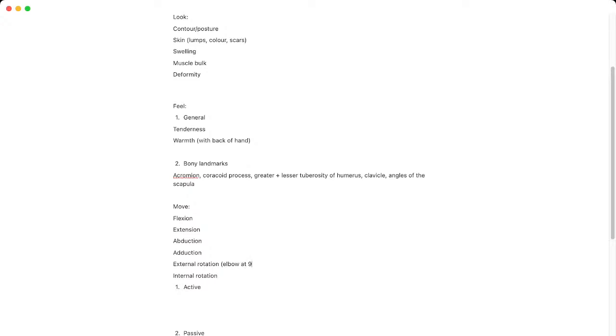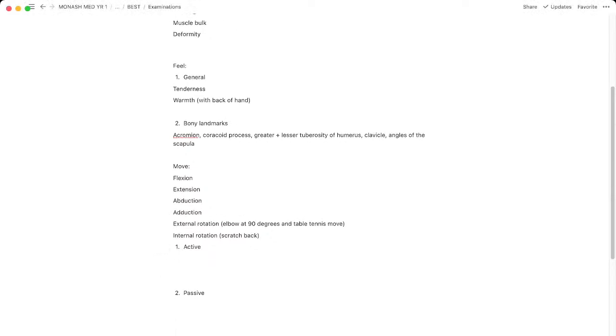Elbow at 90 degrees, and what would that be? That's like a table tennis move. Internal is behind the back. I'm pretty sure. You reach upwards, scratch your back as high as possible. Cool. Adduction. It's just like that. Abduction. Flexion. Extension. Nice. Alright. That's pretty good.